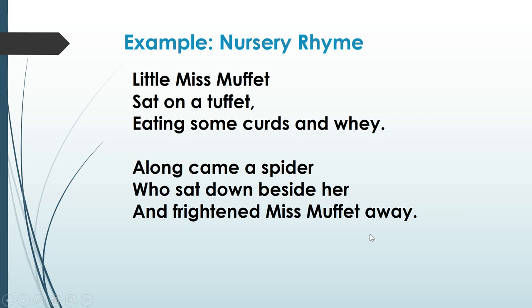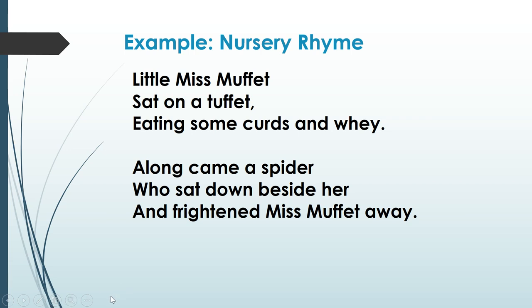Now look at the important points: Miss Muffet eating something, the coming of the spider, and Miss Muffet getting frightened. What we excluded from here is what she is eating and where the spider sits. These two things are extra.